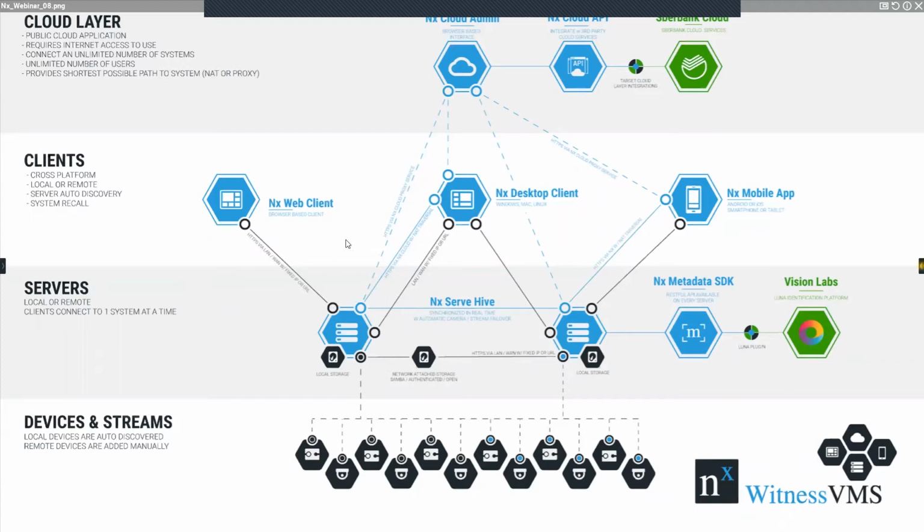And we have three types of client: the web client, application client, and the mobile client. Okay, basically, you can use these three types of client to log into your server by IP address. Okay, and if you have some problem with your IP address, we have cloud here. Okay, this cloud is not what we think of as cloud recording. Okay, it's about cloud connection, which is you just need to let your server reach our cloud.